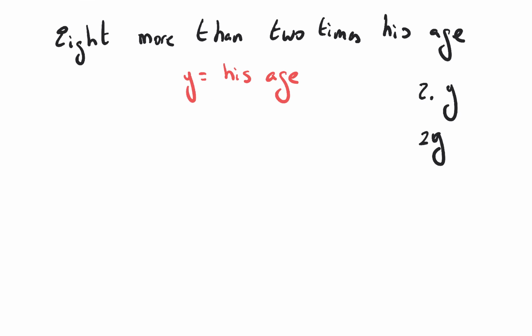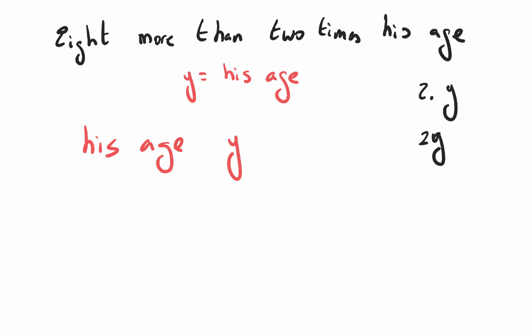Let's go to do more practice. 8 more than 2 times his age. So we need to write his age. Let's say that his age is y.